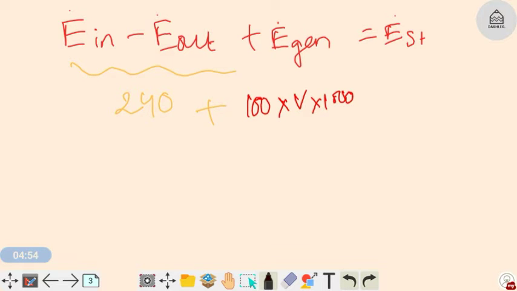So 100 kilowatt is equal to 100,000 watt, which is equal to E stored.